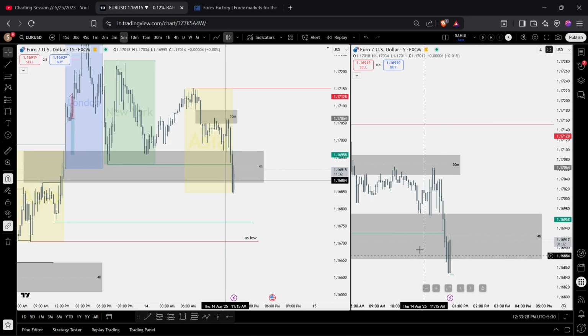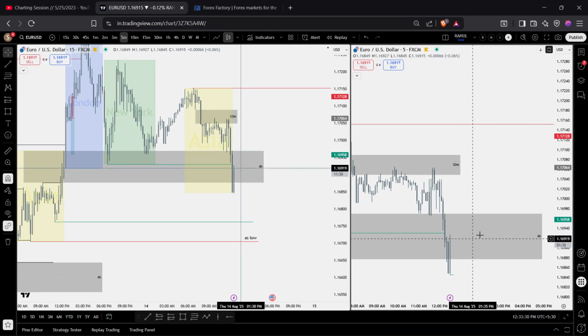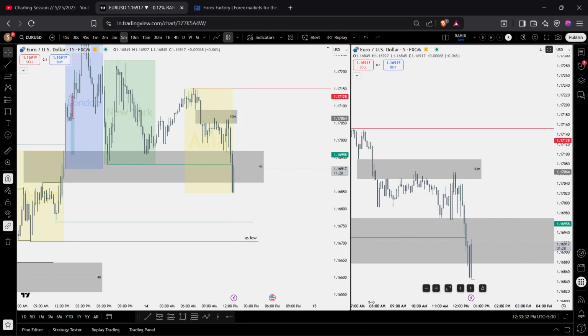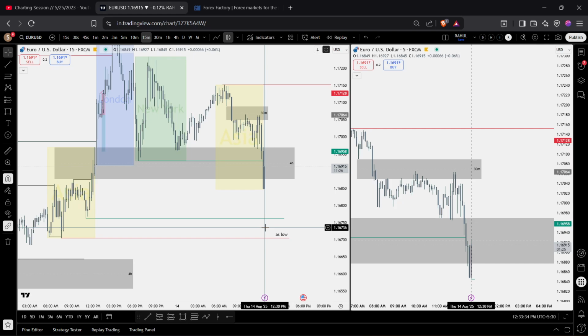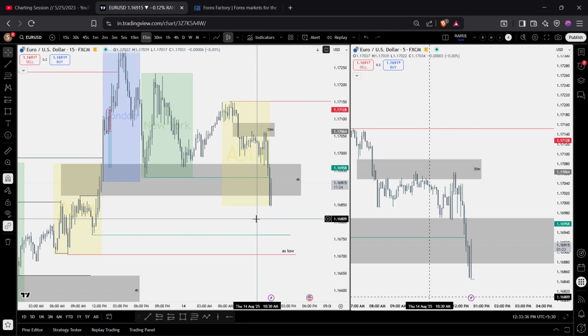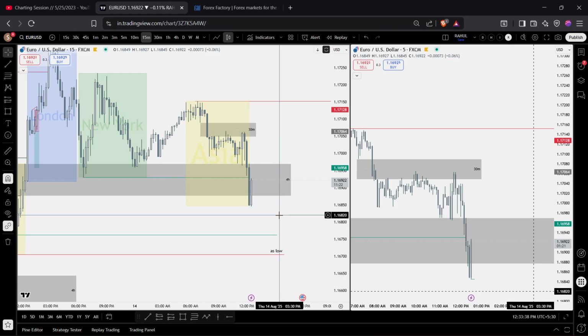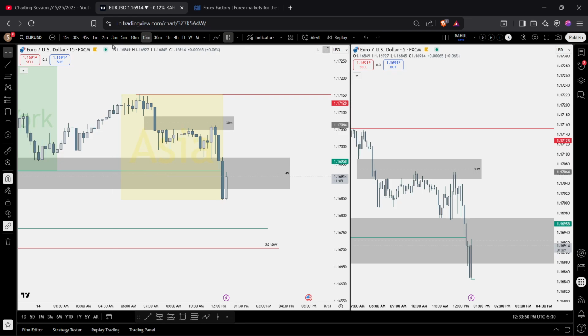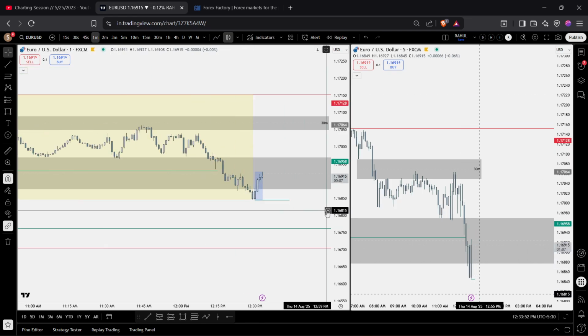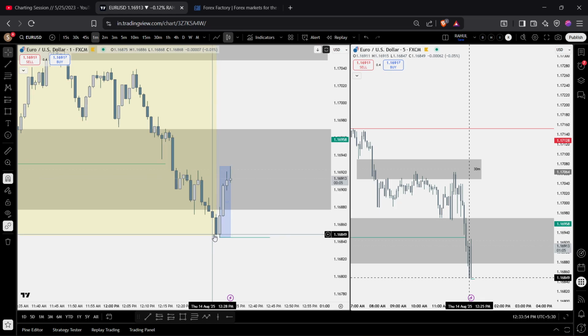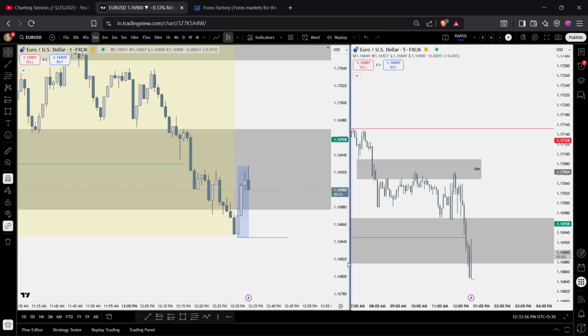Now the market is still showing bearish as it closed below the 4 hour FVG. Let's check this low.